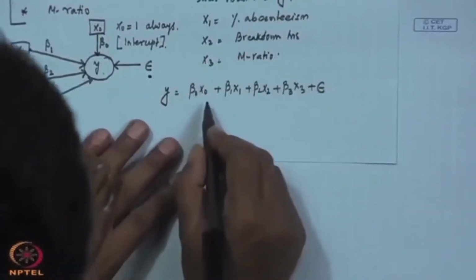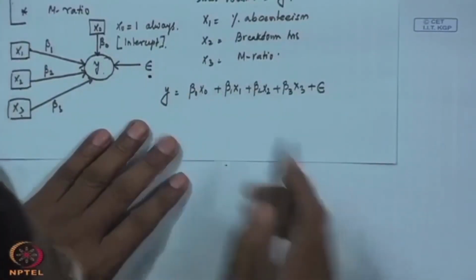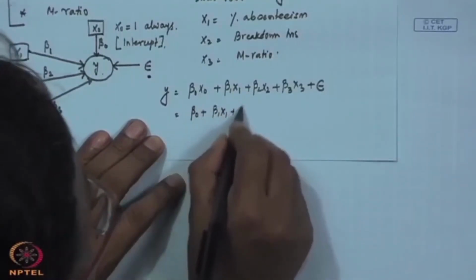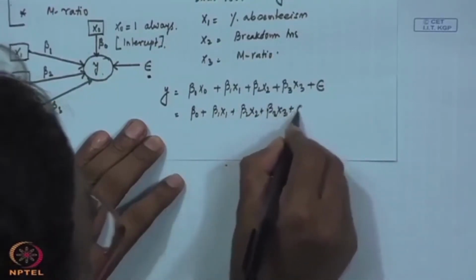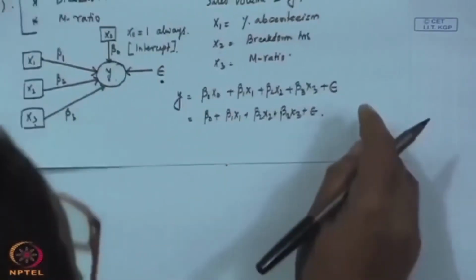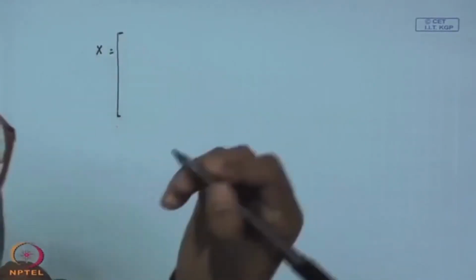Now, as we have said, x 0 will always take the value of 1. So, this can be written like this: beta 0 plus beta 1 x 1 plus beta 2 x 2 plus beta 3 x 3 plus epsilon. Now, if we generalize this, we are not interested only in 3 variables, we will go for a variable vector having p variables.